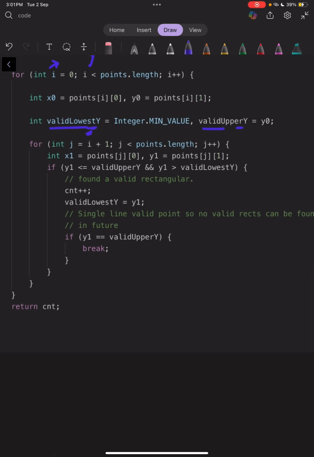Now we are comparing it with all other points starting from the starting point till the end. Now we are checking if the y1 point, that means the point 2 that we have considered, is coming under the boundary. We are increasing the count.